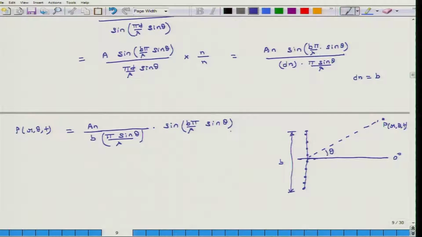So, what this expression tells us is that at angle theta, what is going to be the complex pressure. Now, for the same value of r, if theta equals 0, what will happen?